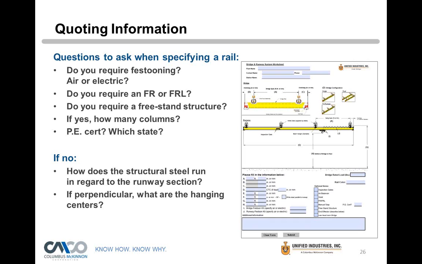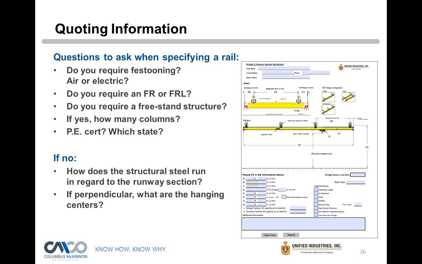Another important question that you need to consider when you're quoting an overhung system, and this would be only for overhung, is: how does the structural steel run in regard to the runway section? What that means is if you look up in one of your buildings, you obviously have big steels running.